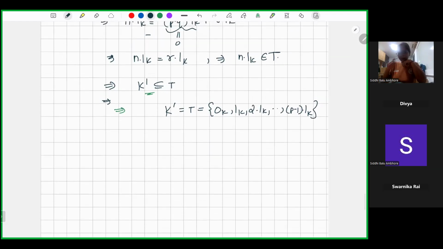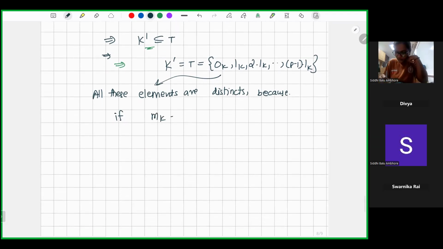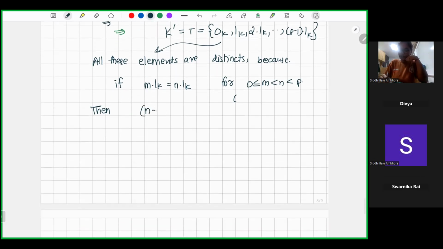Okay, and note that all these elements are distinct, because if m·1_K is equal to n·1_K for 0 ≤ m < n < p, then without loss of generality, assuming m < n, (n-m)·1_K will be 0, and this is an element less than p again, and this will contradict the minimality of p.